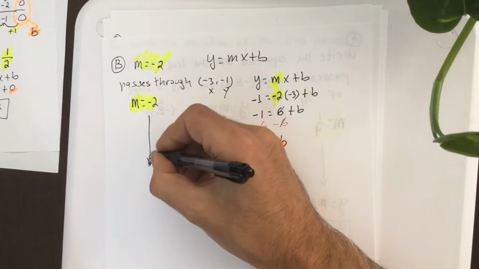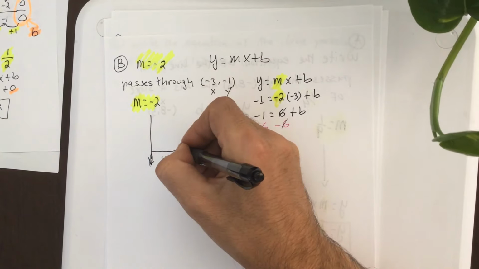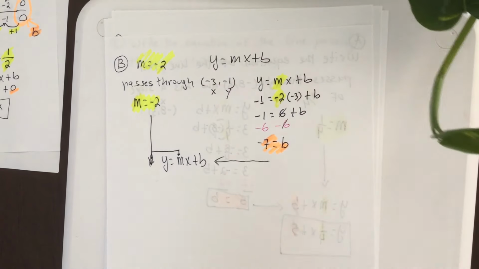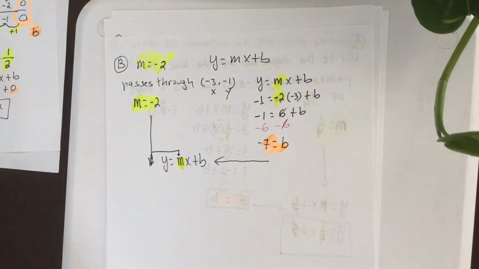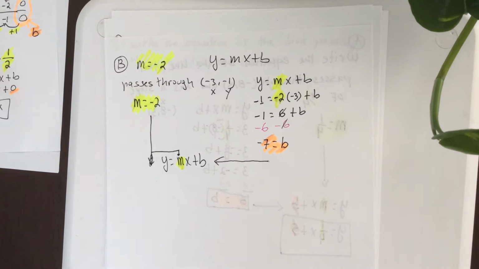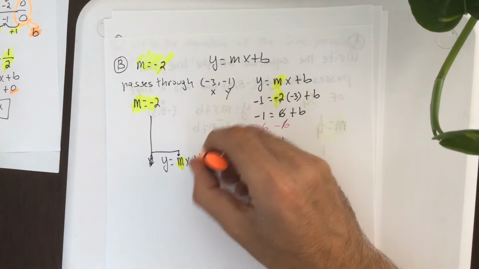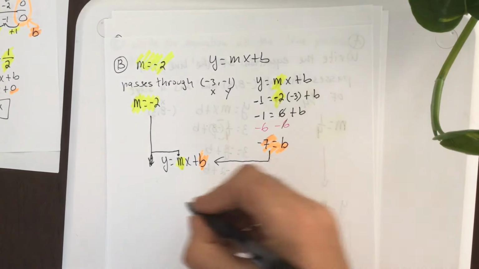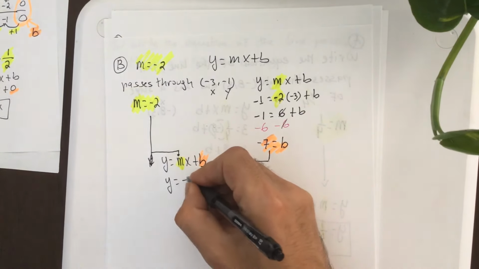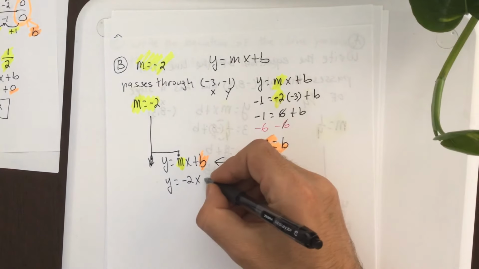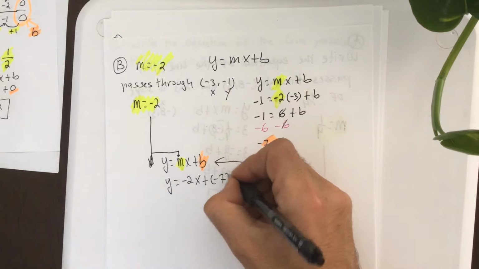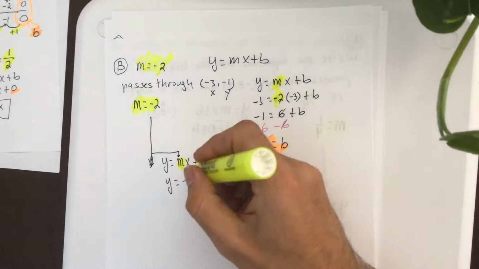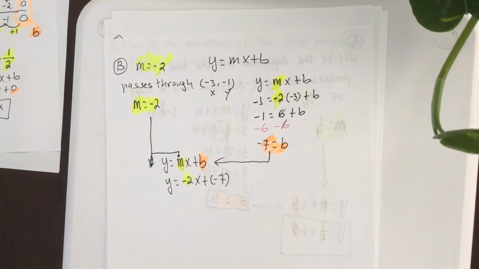Well, let me do this better. This one goes in here, right? Bam. And this is my b. Let's do it like that. Put it together: negative 2x plus negative 7. Okay, right there.